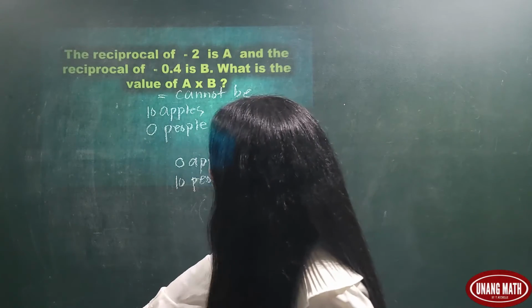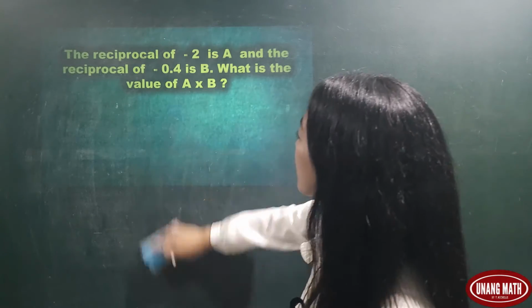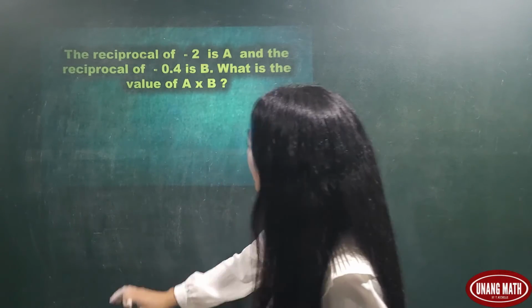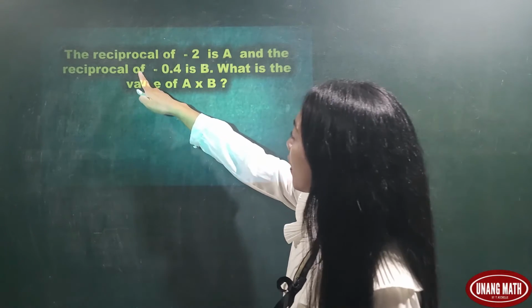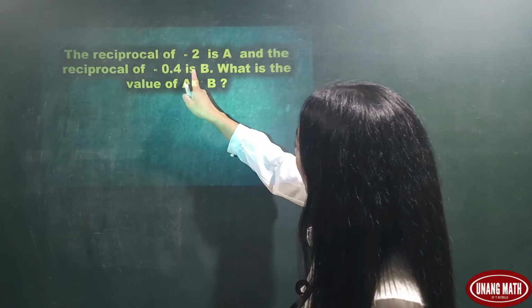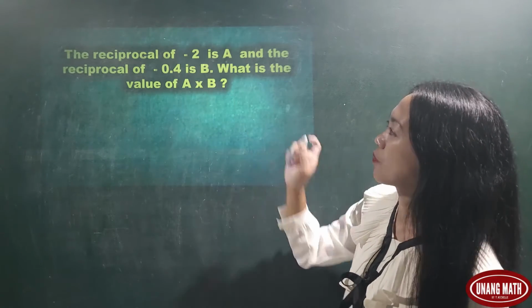Okay, let's answer these following problems here. Our first problem is the reciprocal of -2 is A and the reciprocal of -0.4 is B. What is the value of A times B?